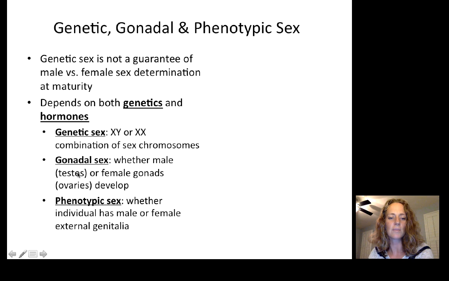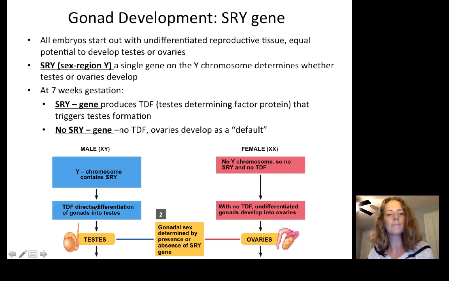We have the gonads, which is testes or ovaries. And then if the testes and ovaries are functioning, then we will actually have the external genitalia, which is sort of what we judge each other by, right? So this is penis or vulva. And this is whether an individual has male or female external genitalia. That is phenotypic sex determination.